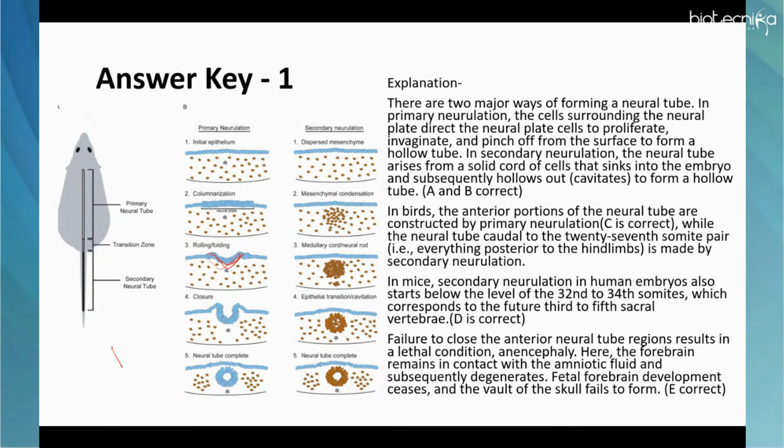If a cell shape is like this, and it changes to something like this, it means they start folding overall as a sheet, changing the surface area.